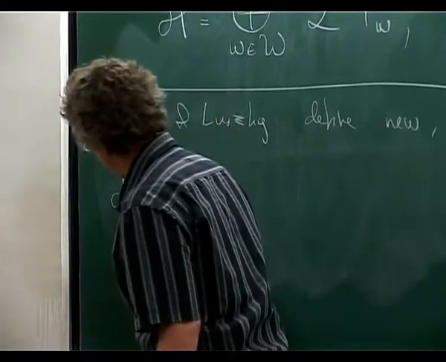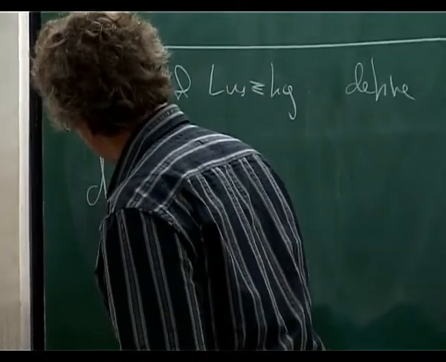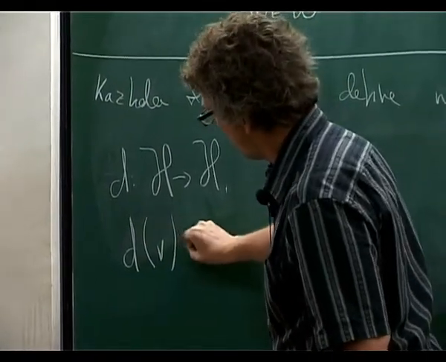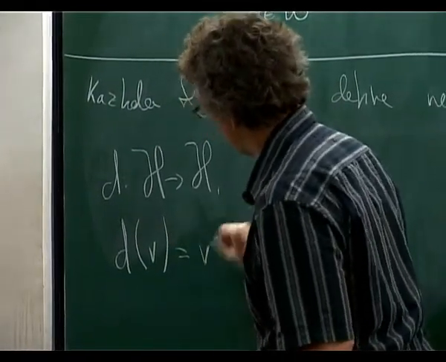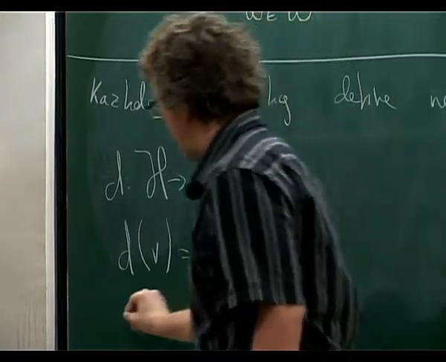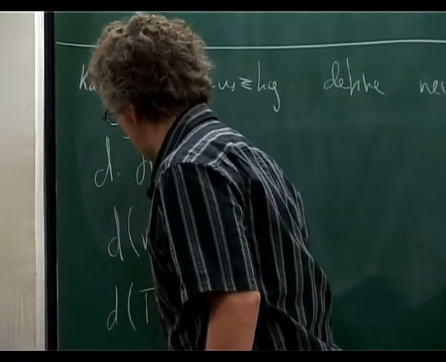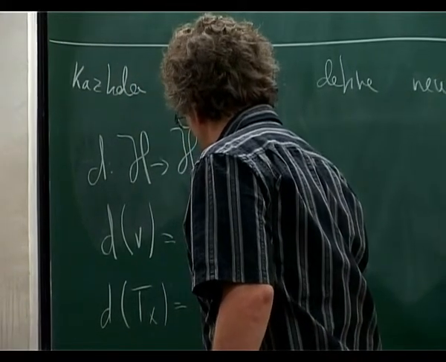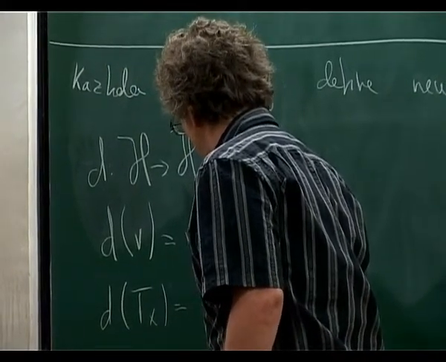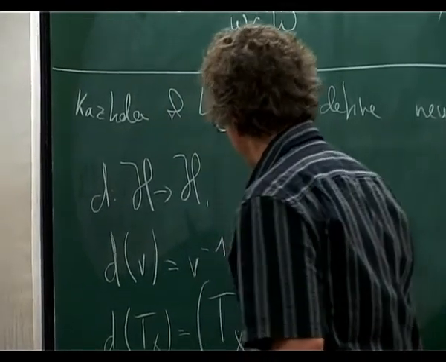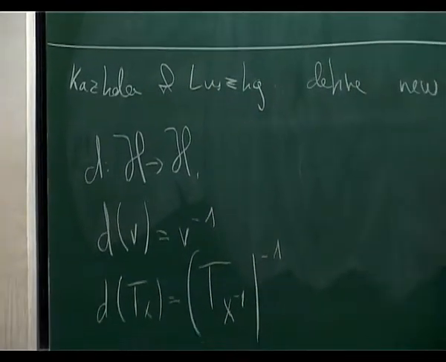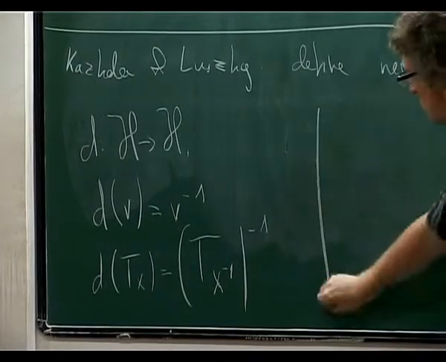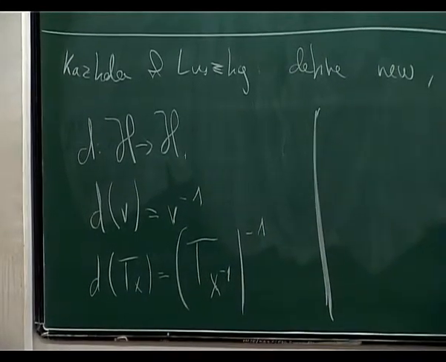You just define it as follows: D of the parameter v is just v^-1, and D of T_x should be T_(x^-1) inverse. It turns out that all these T_x's are invertible in this algebra, and you use this to define the involution.